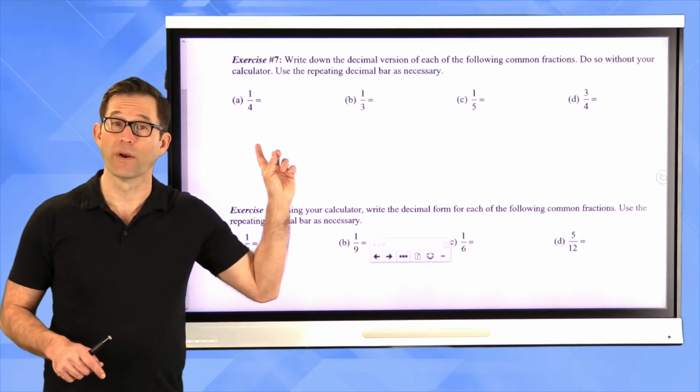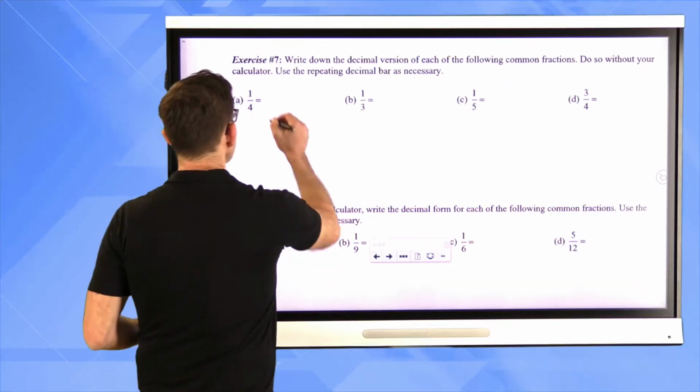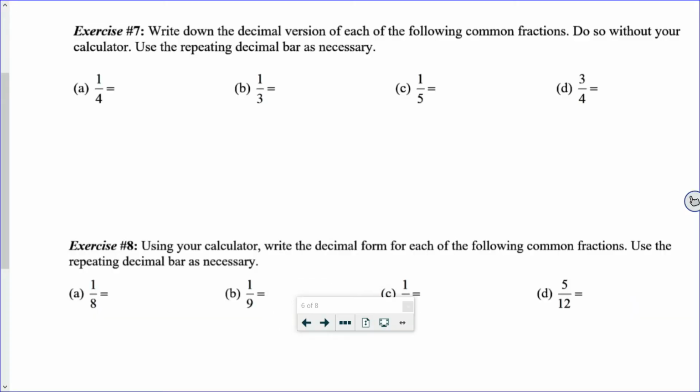For instance, 1/4, right? You should know that that is 0.25. That just terminates. 1/3, on the other hand, is a nice repeating decimal. That's 0.3333333 forever.